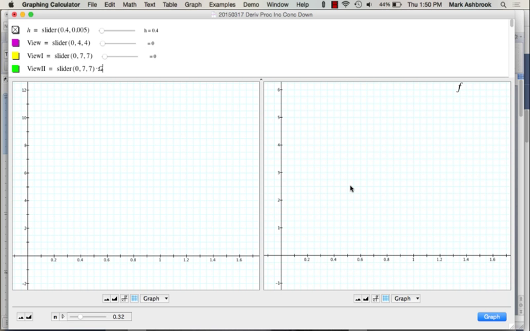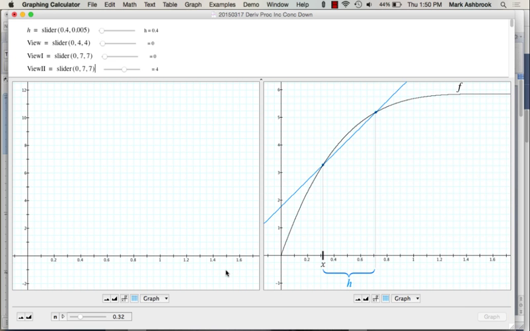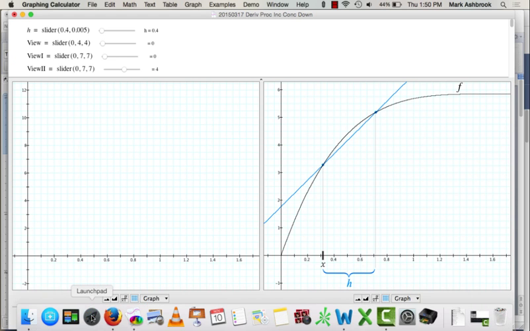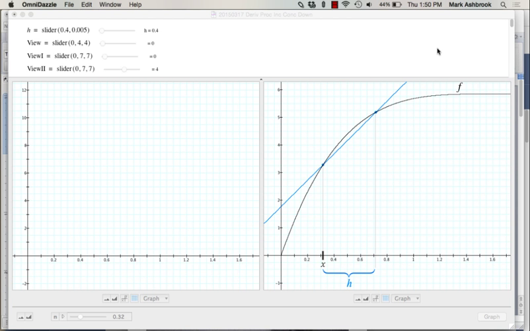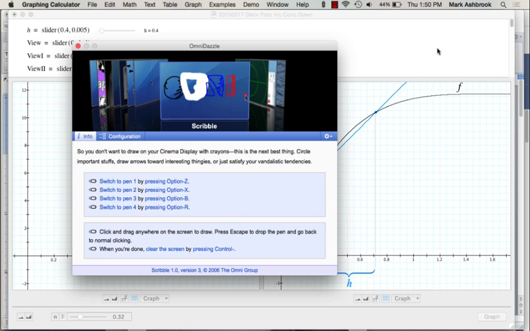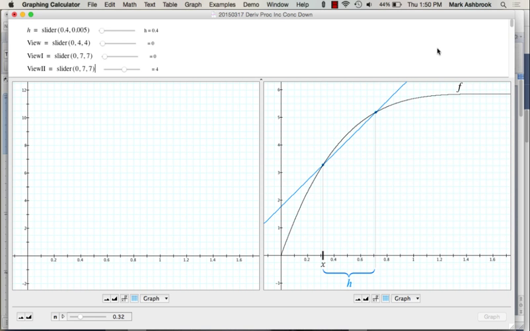It comes from the fact that if I want to write the rate of change represented by this secant line, it's change in y over change in x.